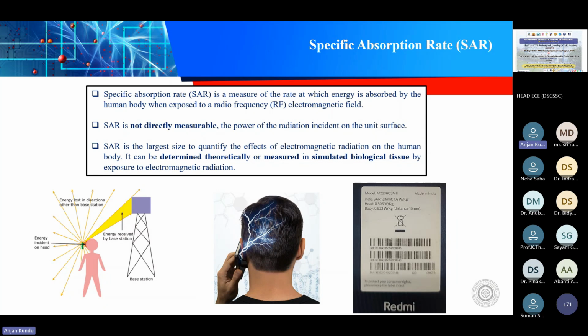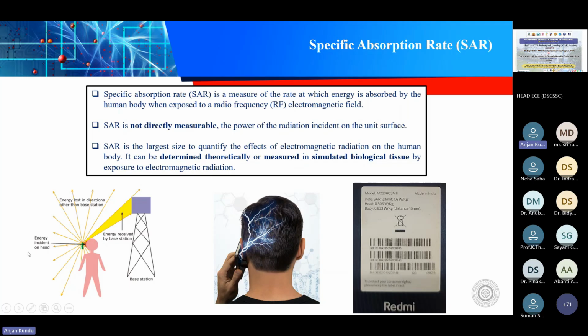And I think we are all aware that whenever we use a mobile, the portion surrounding our ear over the head gets heated. It is practical. That's why it is getting heated, because there is a continuous energy exchange between the mobile signal and the audio nerve within our brain. So this is the basic figure.